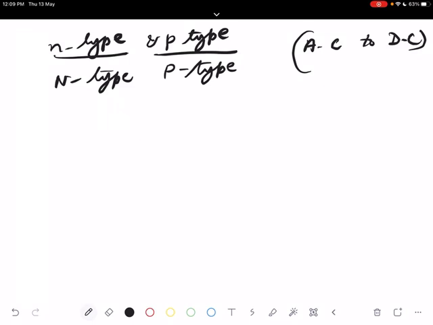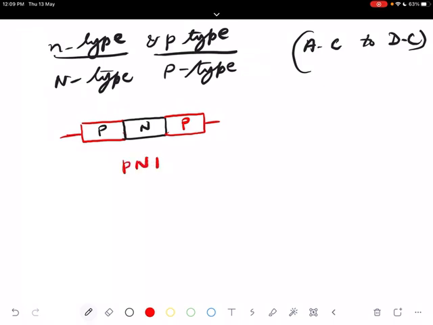So, you can consider this is p-type, the next is n-type, and the next is p-type. We call this a PNP transistor. This is used to detect or amplify audio signals.